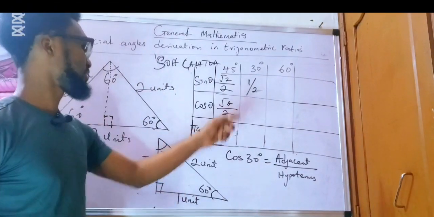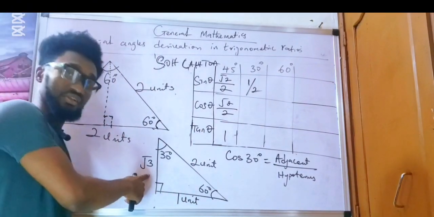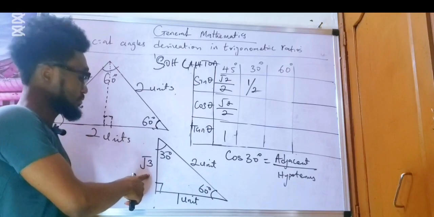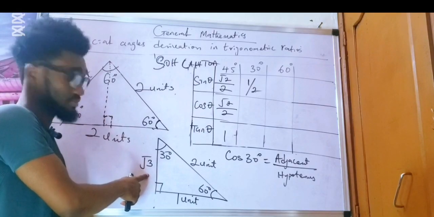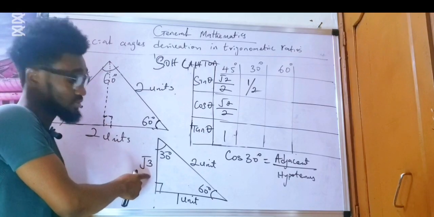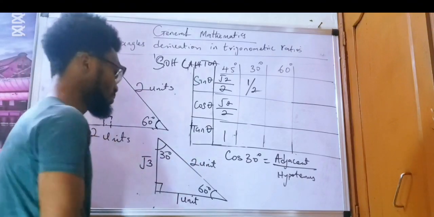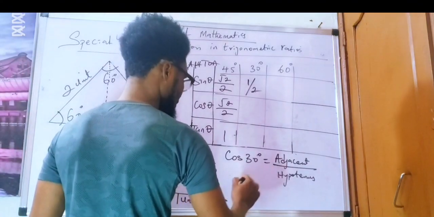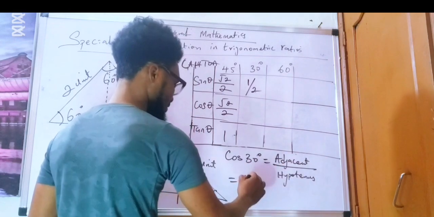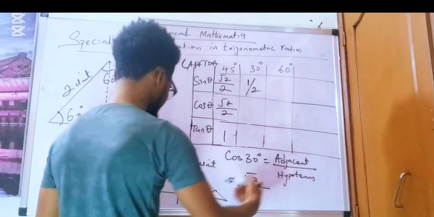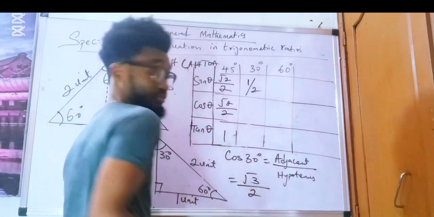So what is our adjacent from here? This is the adjacent. So what is the hypotenuse? This is the hypotenuse. So we have that cos 30 degrees is equal to what is adjacent here? Square root of 3. And what is the hypotenuse here? 2. Simple.